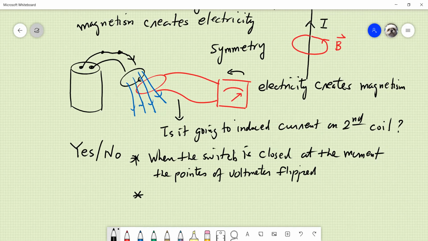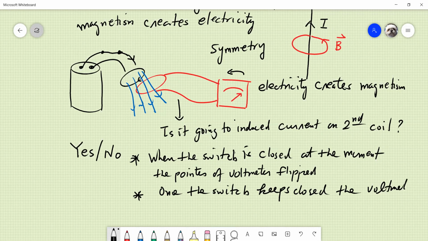No means that once the switch is kept closed, the pointer of the voltmeter will not move at all. It will stay put.